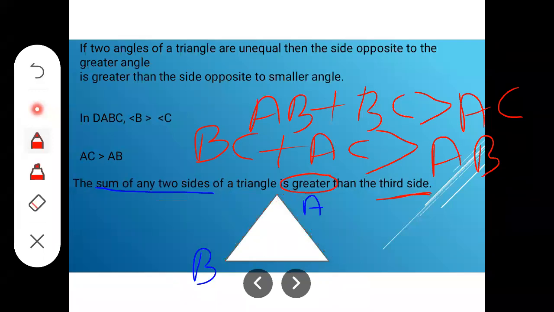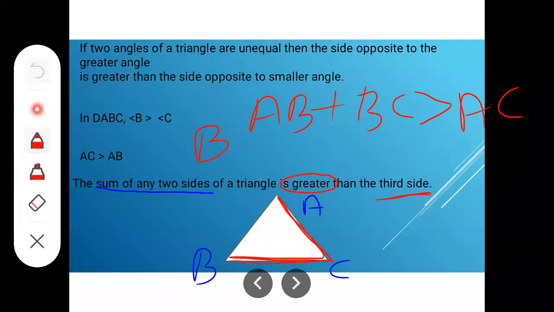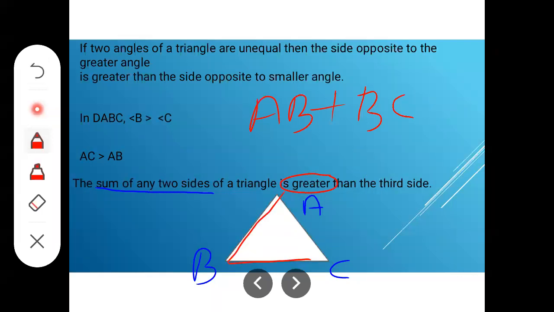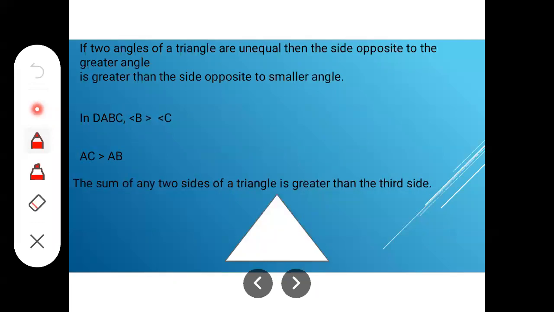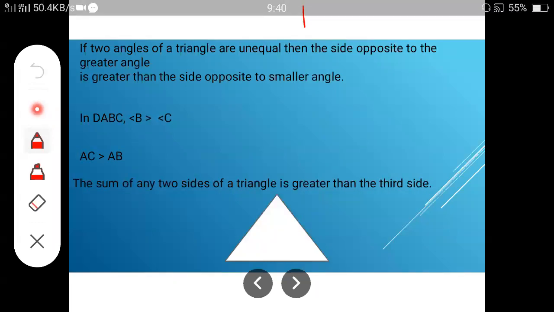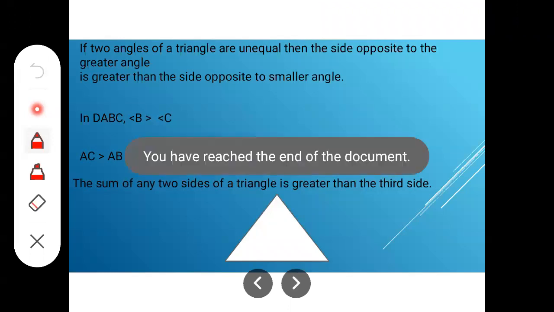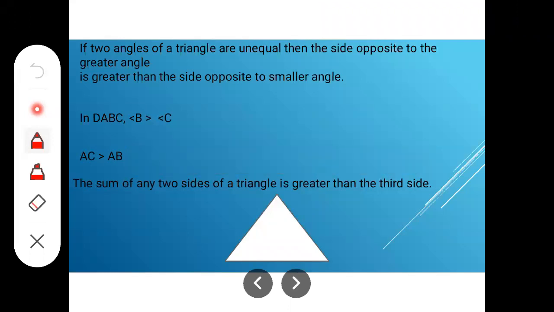Yes? Okay. Now, one point that is also very simple.